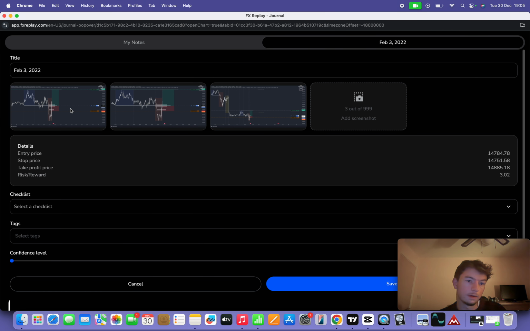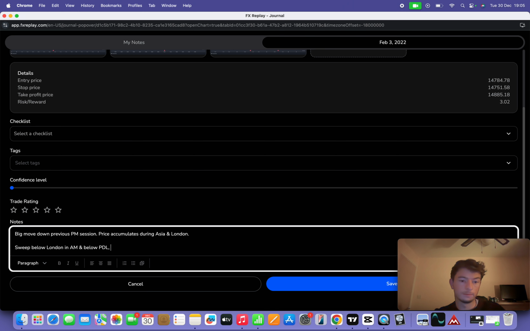And then a nice break upwards, creating 3M IFVGs, entering on retracement of higher IFVG with SL below the first one and targeting London high.